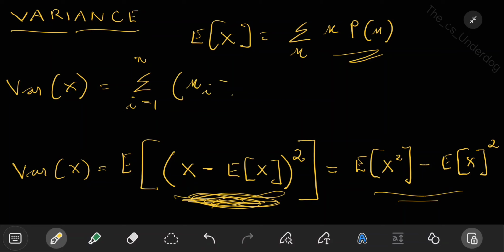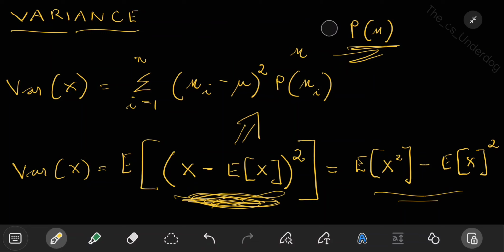How do you find the difference of that value from the mean? xi minus mu, where mu is my mean, okay, mean or the expected value, both are one and the same, square into, what do you want to do? Probability of x. So put probability of xi. So this can be simplified to this form also, where what is this mu?